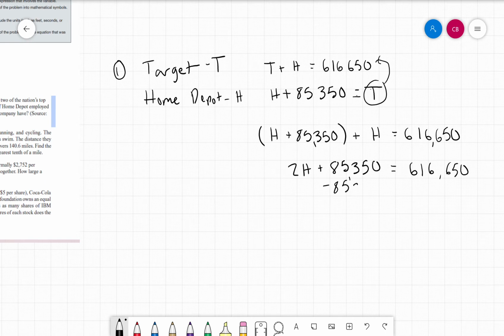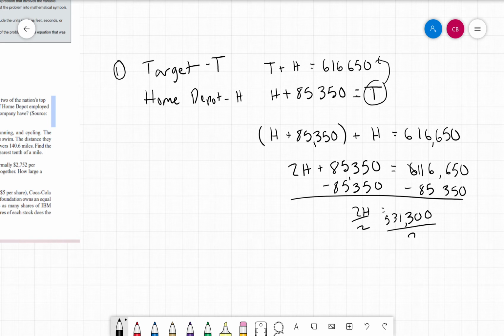Go ahead and subtract. 2H is equal to 531,300. Okay, then we divide by 2.